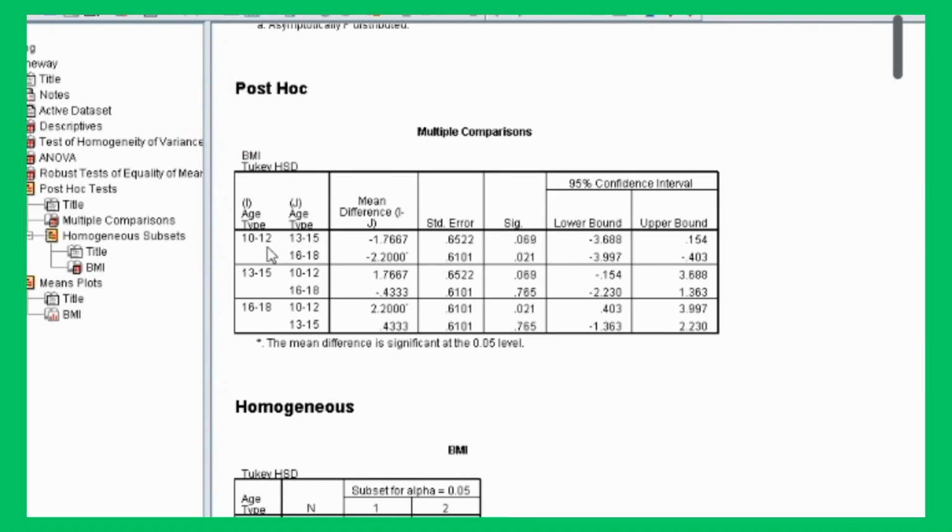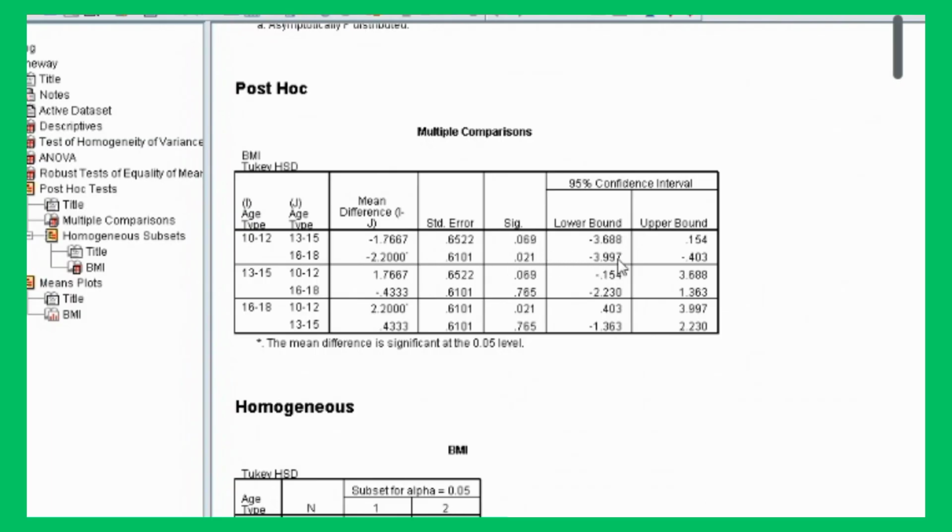You look at 10 to 12 and 16 to 18. The p-value is 0.021. So this one is significantly different. It gives us that between 10 and 16 there is a significant difference.